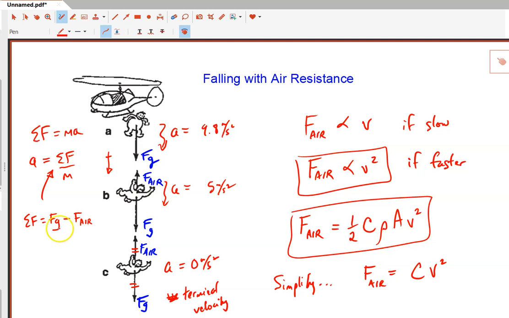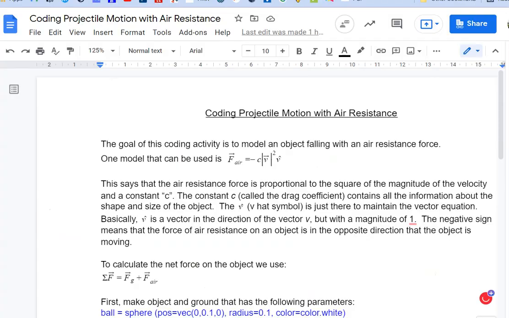Okay, so our net force we're going to be calculating by using Fg equals minus the air resistance force. We're going to calculate our acceleration by taking that net force and dividing it by the mass. And then we're going to need to be updating the velocity and updating the position as the acceleration changes over time. So let me go to the instruction sheet that I shared with you, which is here.